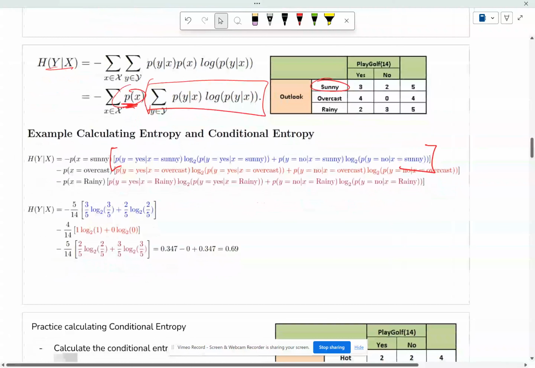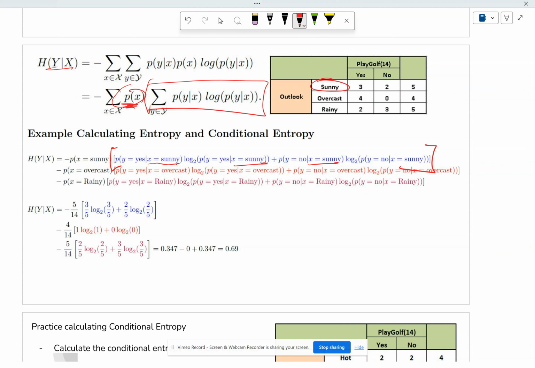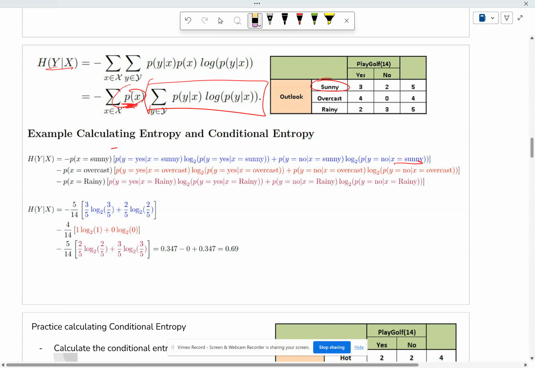Given x is sunny, we take the probability of y equals yes given sunny, and here's the information portion. And then the probability y equals no given sunny, and here's the information. So that will give us the very first one, all the sunny cases.